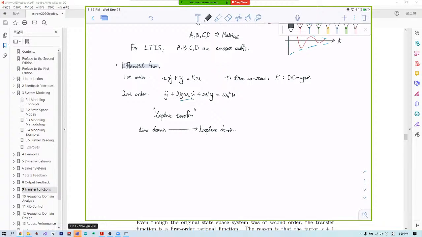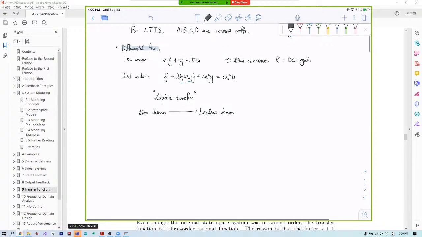The most powerful feature of this Laplace domain, and the main reason why people are using this Laplace transformation, is that derivatives and integrals in time domain can be expressed in polynomials in the Laplace domain.